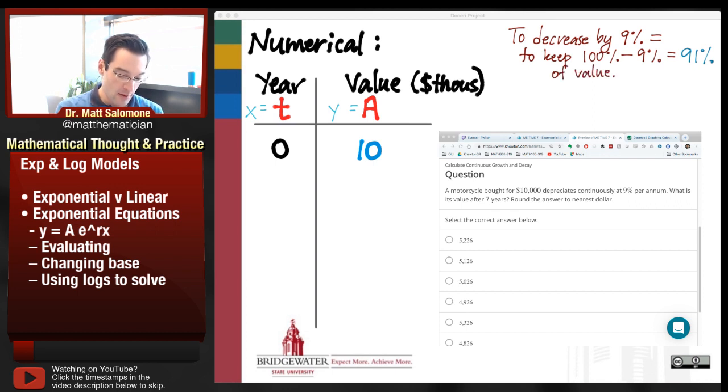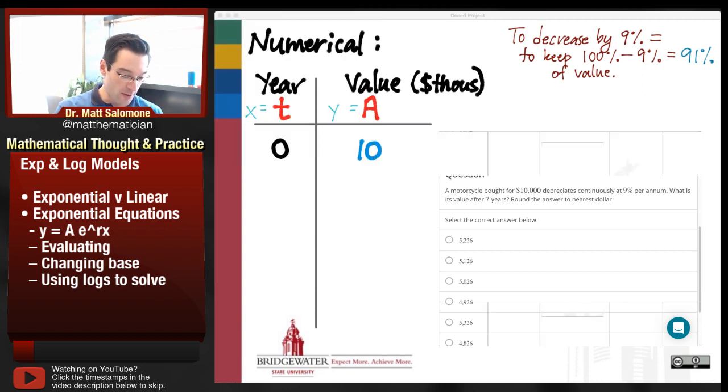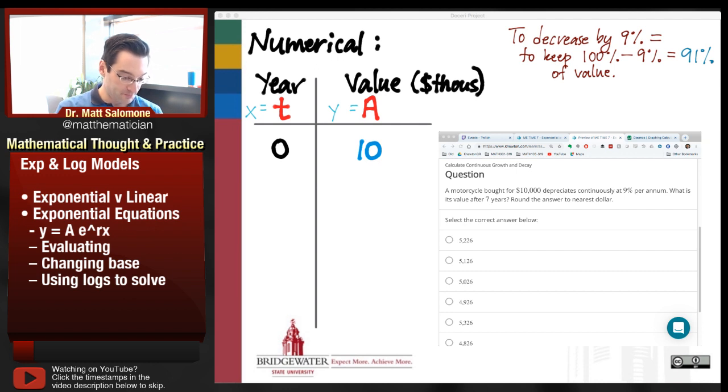So when I go to investigate, for example, how much would this motorcycle be worth after 1 year of ownership, rather than thinking about that value as being a two-step process of first figuring out what 9% of the value is and then subtracting, so multiplying and then subtracting, I've instead done the subtraction part first.